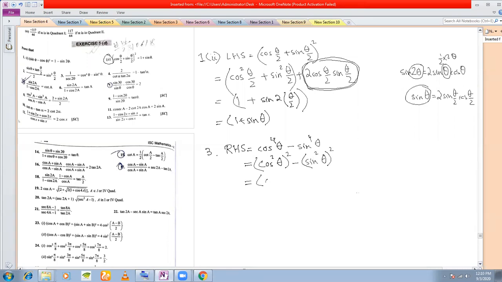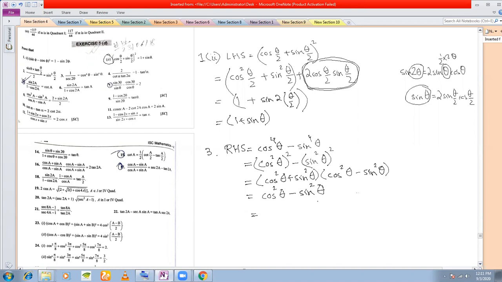Now you break it up as (a plus b) into (a minus b): (cos square theta plus sine square theta)(cos square theta minus sine square theta). Cos square theta plus sine square theta is 1, so only cos square theta minus sine square theta is left.